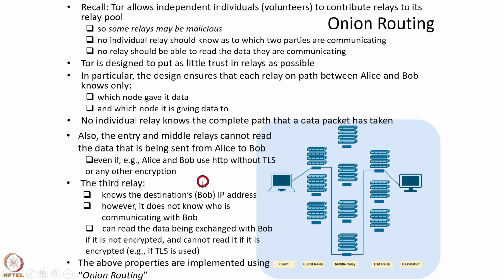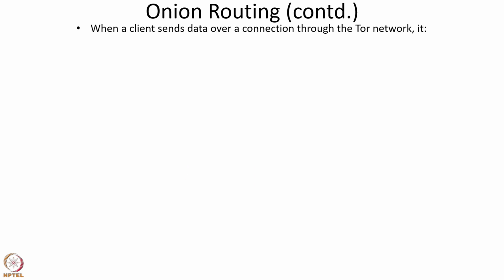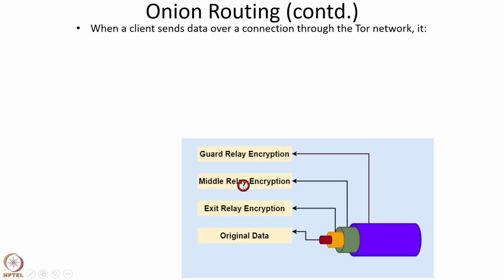So these properties are implemented using onion routing. When a client sends data over a connection through the Tor network, that connection is shown over here. So the encryption of the plaintext data generated by the source is shown over here. So this is the original data.